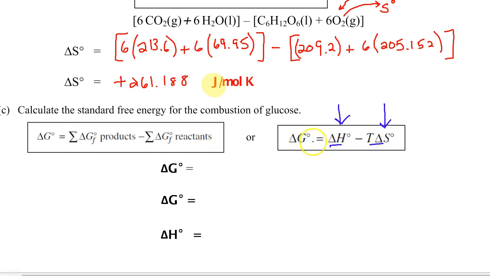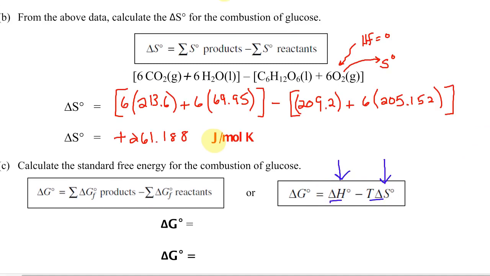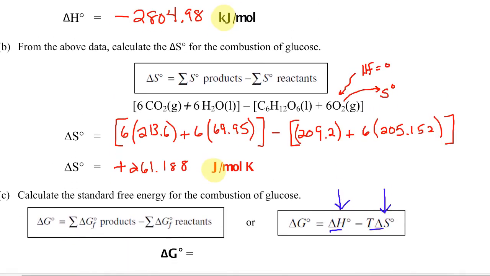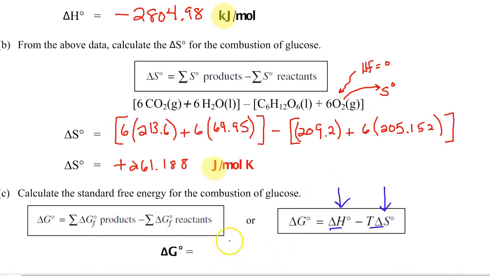So delta G is going to be equal to what? Delta H. Now the delta H, party people, that we just got was negative. So I'm going to put that negative 2804.98, and that's kilojoules per mole. And it's minus the temperature.